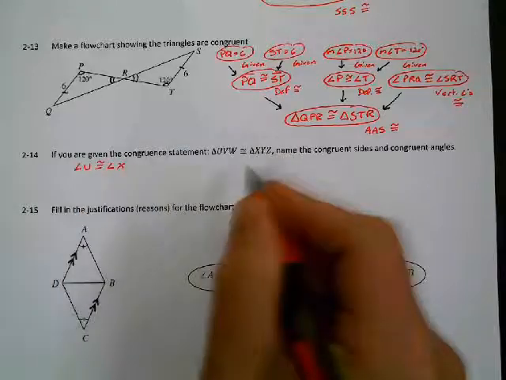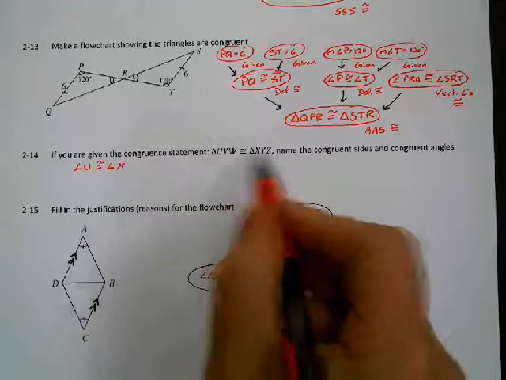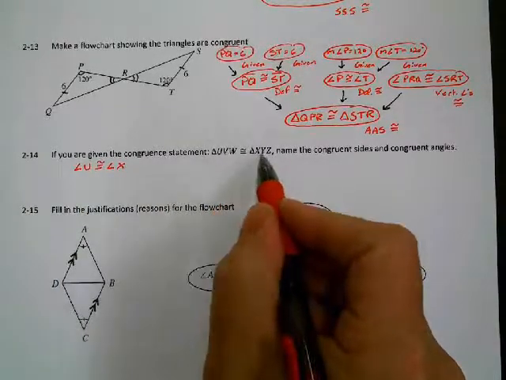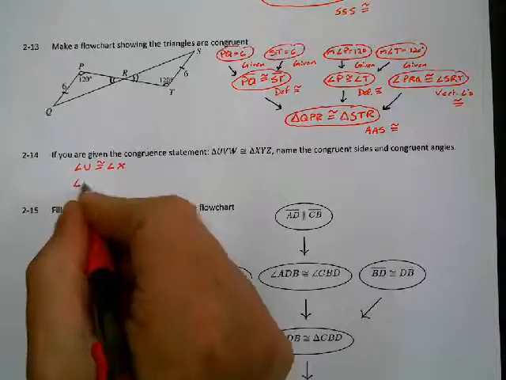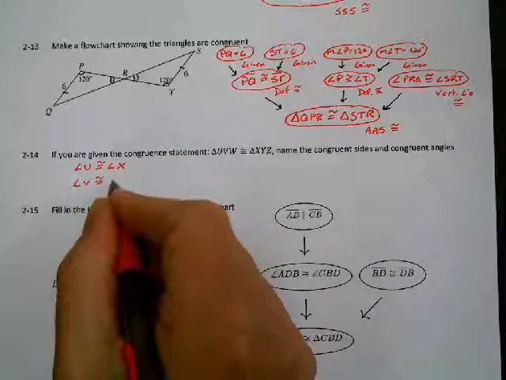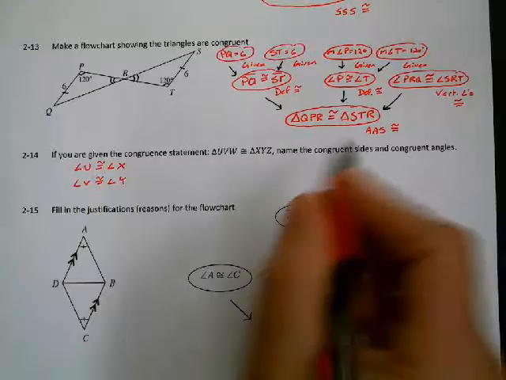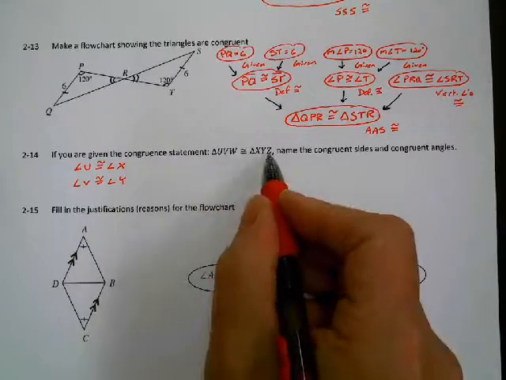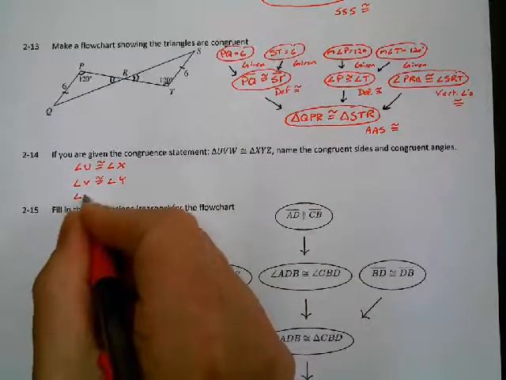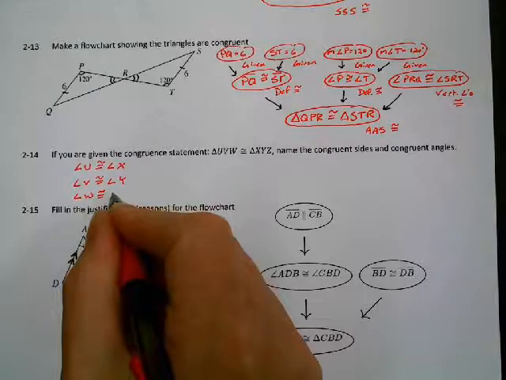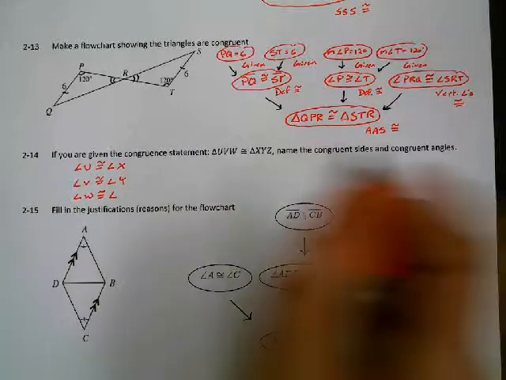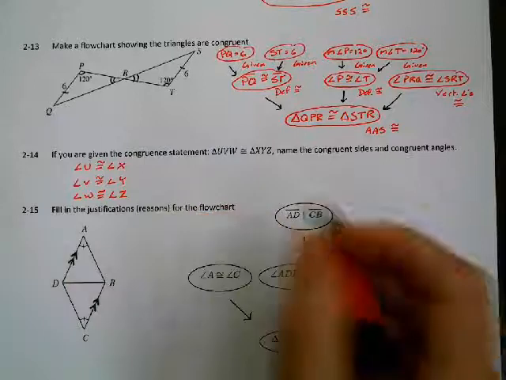I know that because of the order. Angle V is congruent to angle Y. And then angle W is congruent to angle Z. So because the congruence statement is in order, I now know that those angles are corresponding to each other.